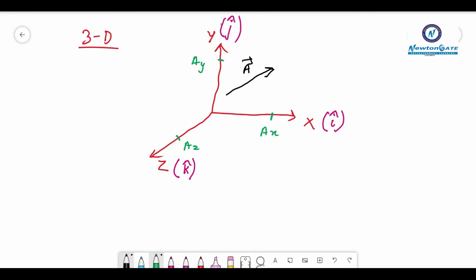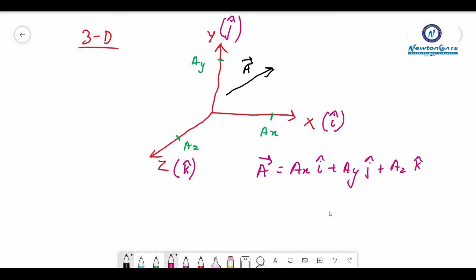So az is the magnitude towards the z-axis. So I can write A as ax i cap plus ay j cap plus az k cap. This is the form of a vector if you want to resolve it into three parts for a 3D coordinate system.